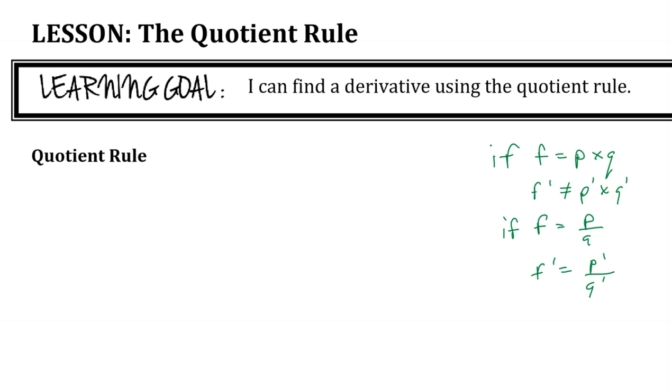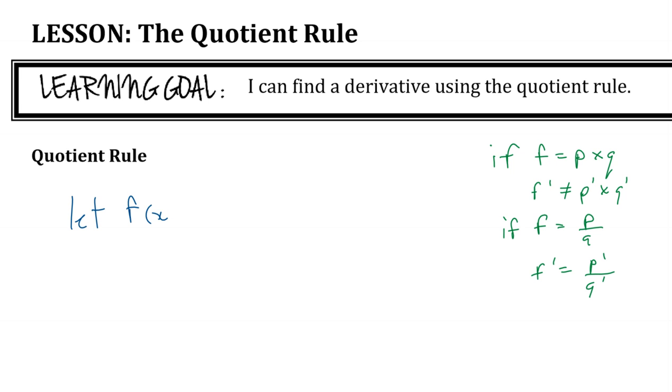Even just thinking about the relationship between division and multiplying by a fraction, that doesn't make any sense. If it's not true for multiplying, it's not going to be true for dividing, right? So what is true?